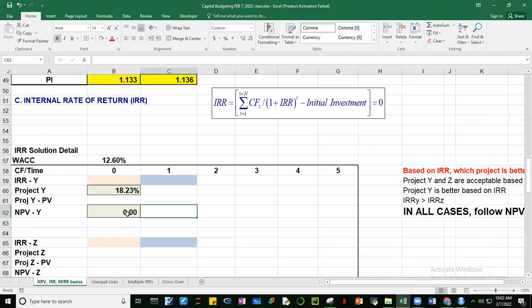Di ba sabi natin yan, di ba? The IRR is that rate of return where your net present value is equal to 0.